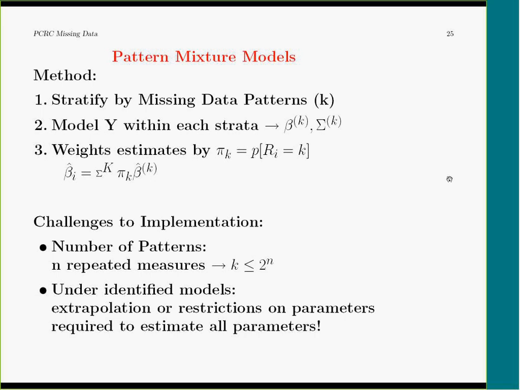So what the challenge is, well, there's often a large number of patterns. So if we have 4 assessments, we can actually have 16 different unique patterns.